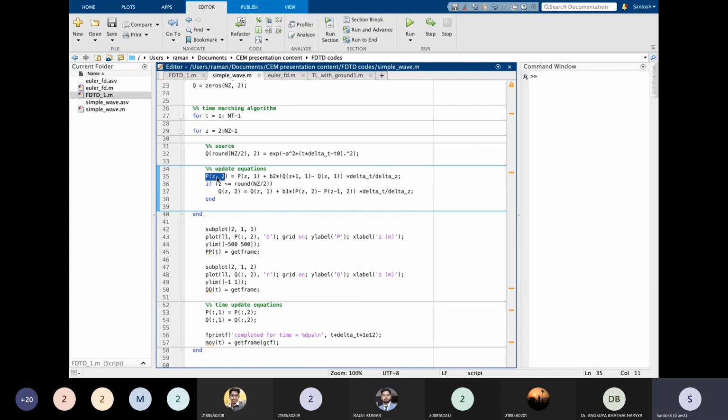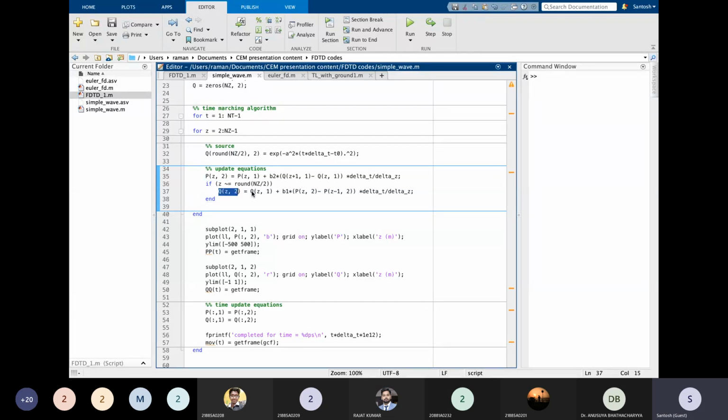Since the z loop is within the time loop, for any time you are able to find the value of p at all the spatial points, right? So you know p at all the spatial points at the current, latest time. Now you use this value pz comma 2 in the next equation for q.